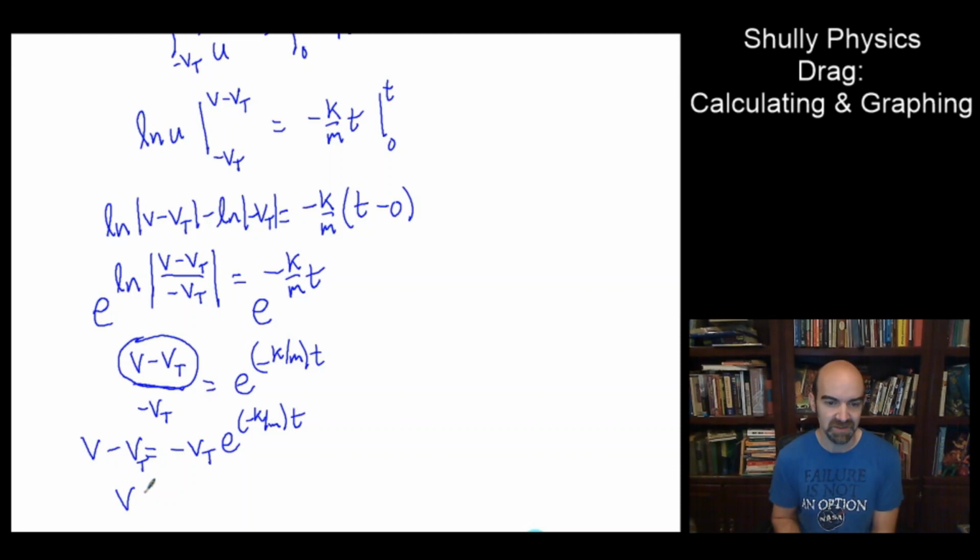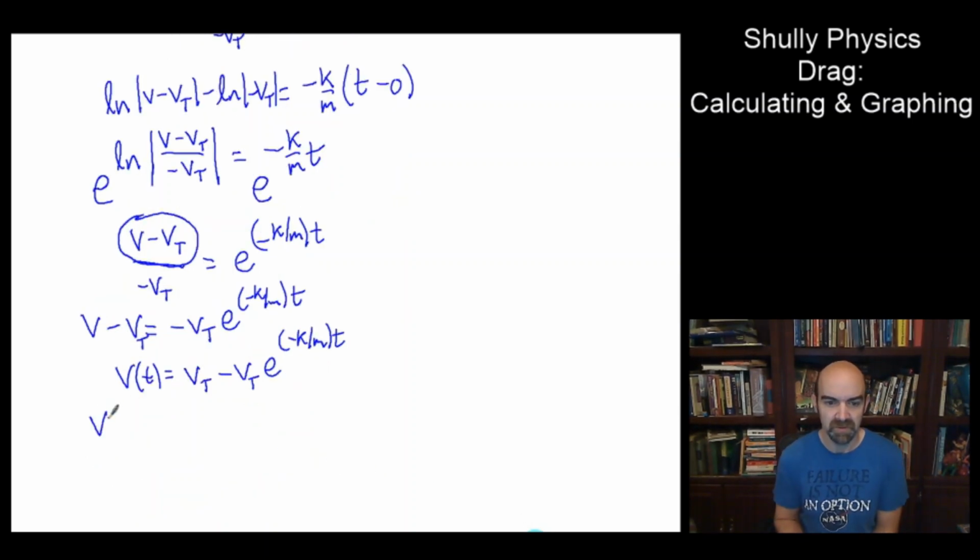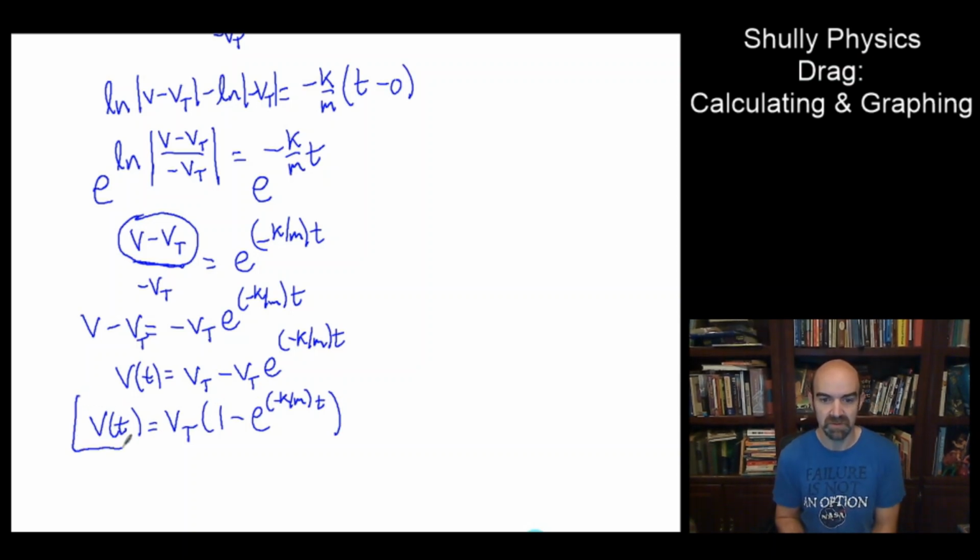This becomes a velocity function of time, v of t, equals terminal velocity minus terminal velocity times e to the negative k over m t. And we can simplify in one more step to v of t equals vt times, we're going to factor out the vt, 1 minus e to the negative k over m t. And there it is, our velocity function. Booyah.